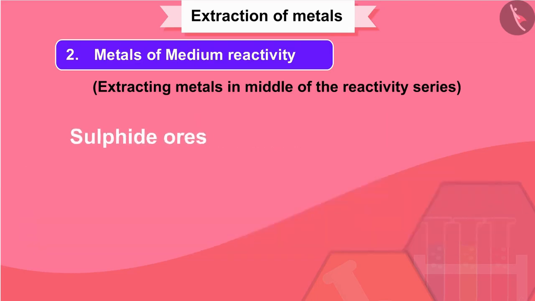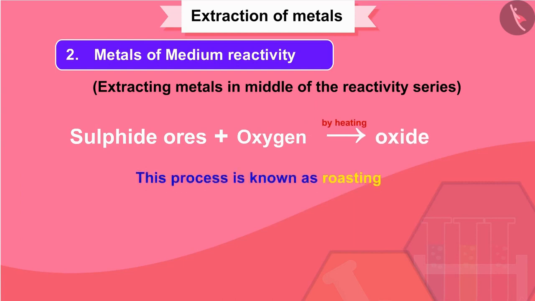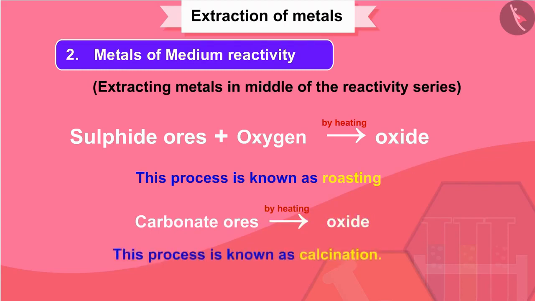The sulfide ores are converted into oxides by heating strongly in the presence of excess air. This process is known as roasting. The carbonate ores are changed into oxides by heating strongly in limited air. This process is known as calcination.